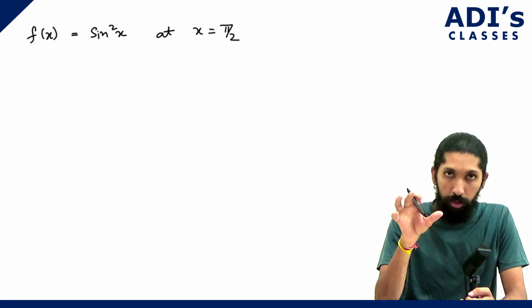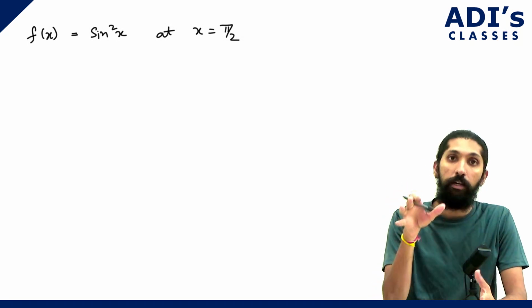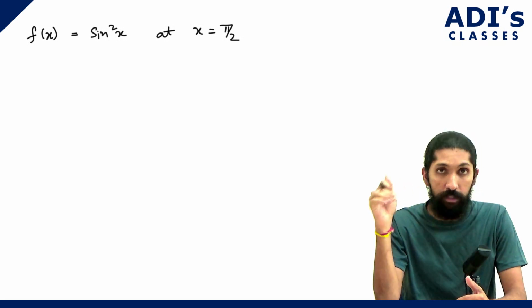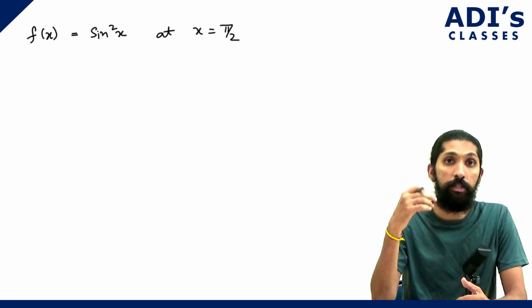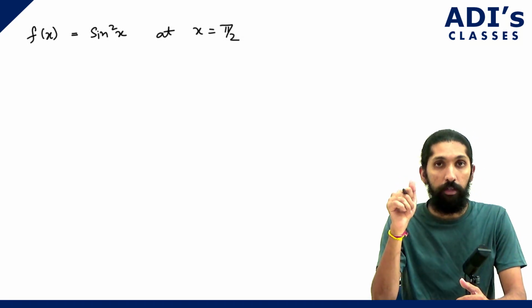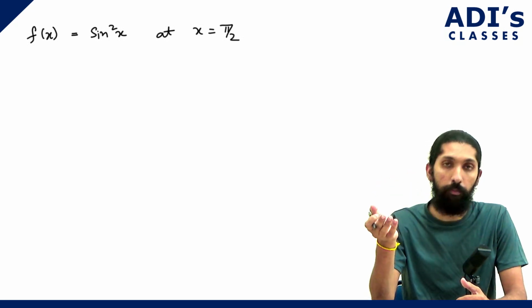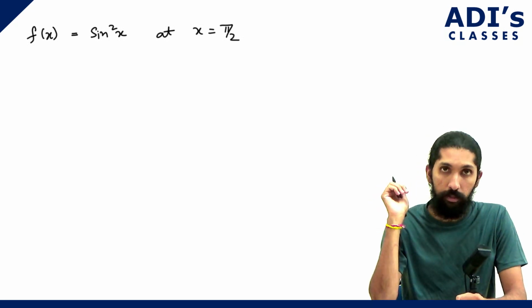For a function to be continuous, how do you do it? We take the limit of f of x as x tending to c. If that is equal to f of c, then we say that it is continuous, correct? Or if the function is defined at that particular point, then you can go to the next step and say that it is going to be continuous, isn't it?